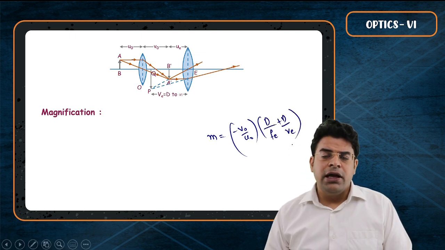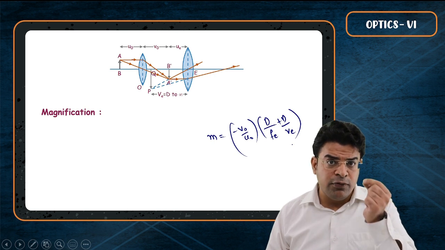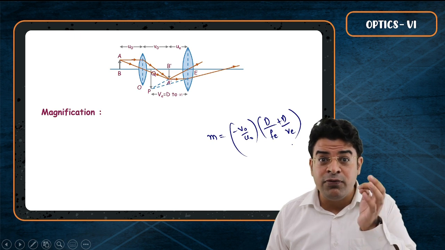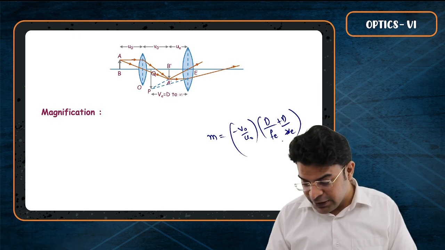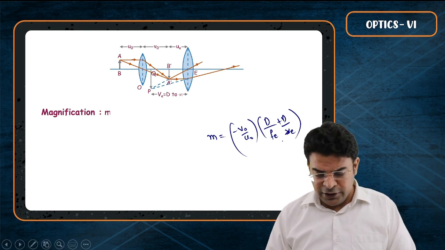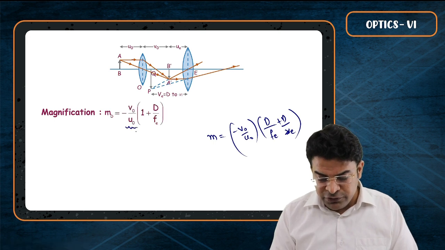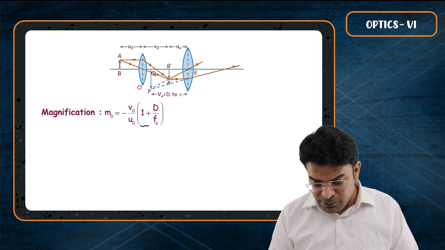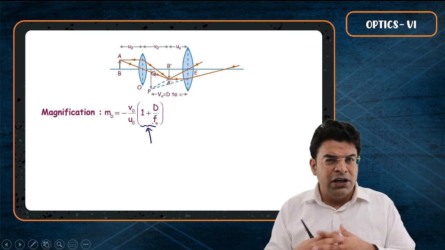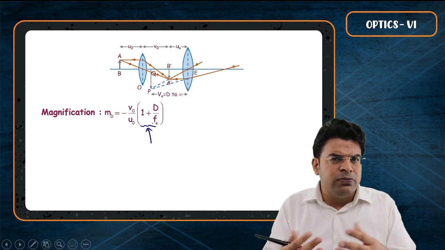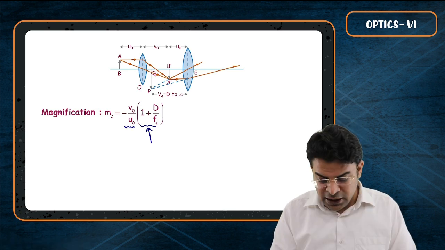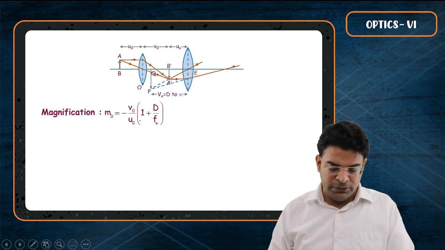Now see, if the final image is formed at the least distance of distinct vision, at D, we will say that v_e is D. So we get the magnification to be minus v naught by u naught into 1 plus D by f_e. This 1 plus D by f_e is also the maximum magnification produced by a simple microscope when the final image is formed at a distance D. And this is the magnification due to the objective.